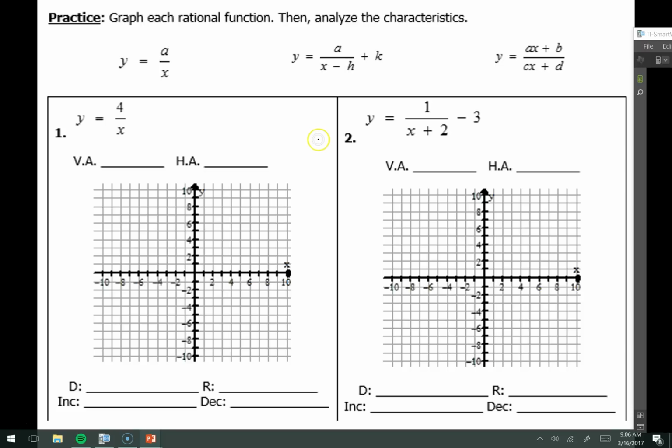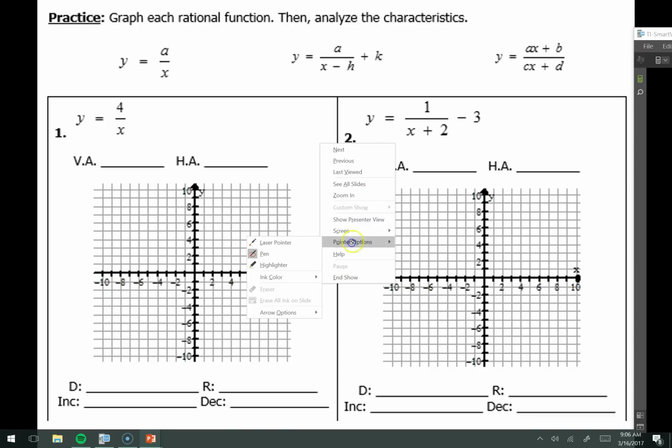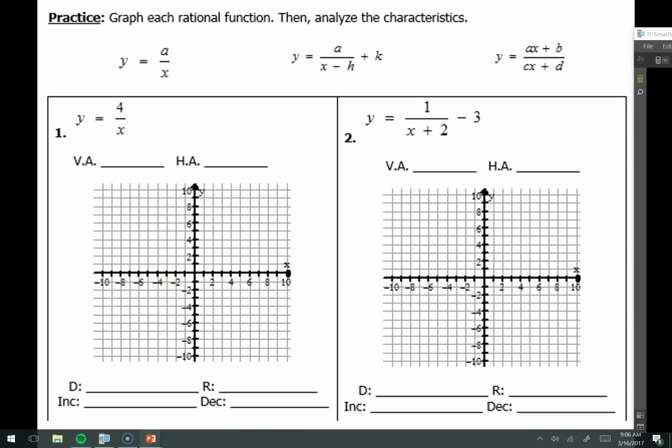Okay, so the first question, remember, is does anything factor? And looking at this one, there's nothing that factors, so I'm ready to talk about my vertical and horizontal asymptotes. Remember, the vertical asymptotes have to do with the domain. X is not allowed to equal 0, which means here x is not allowed to equal 0. That's going to put my vertical asymptote right on x is equal to 0.